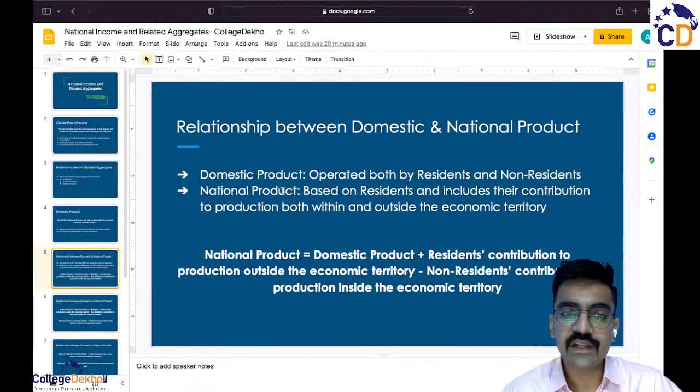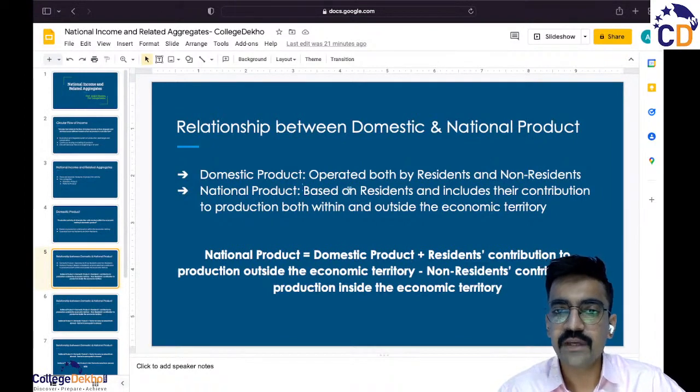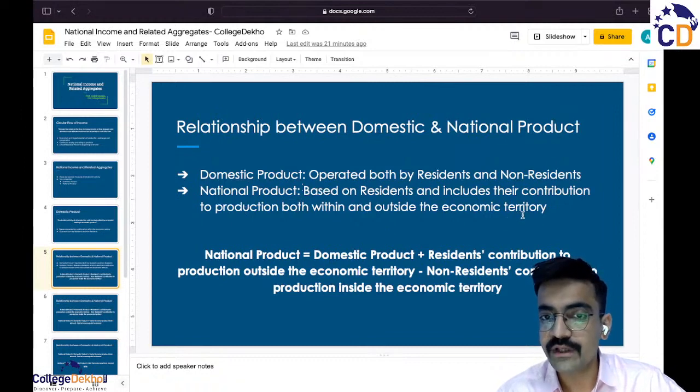Now let us look at the national product. So based on the residence, yes, national product is based on the residence of the country, right? This is a distinction here, that it is based on the residents of the country and includes their contribution to production both within and outside the economic territory, right?